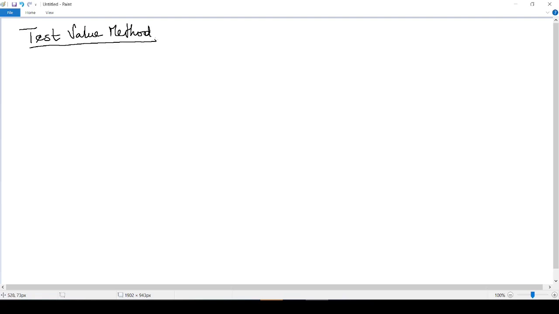So if we want to use the test value method for graphing linear inequalities in one variable, we go through some steps. First, transform our linear inequality into a linear equality, right? Second, solve the equality to find the value that we call the border value.